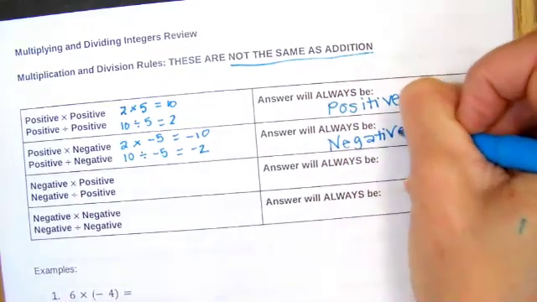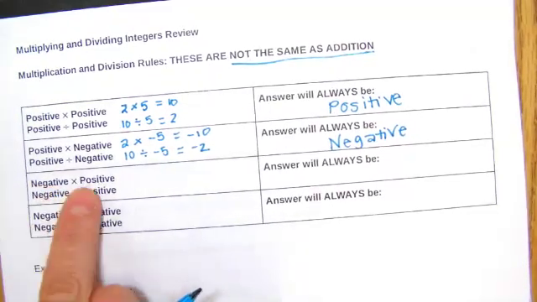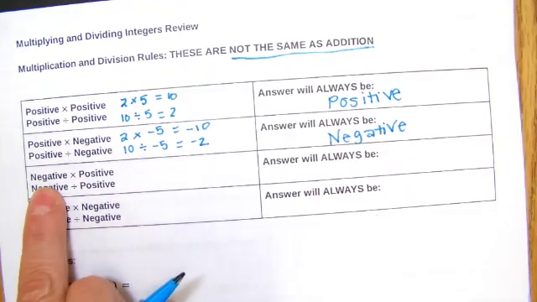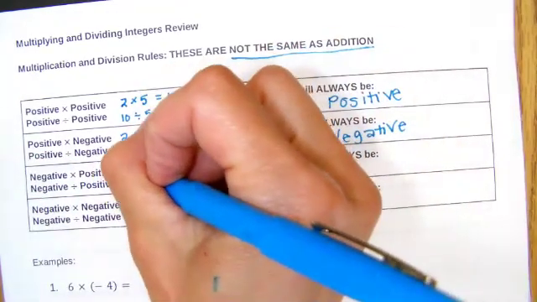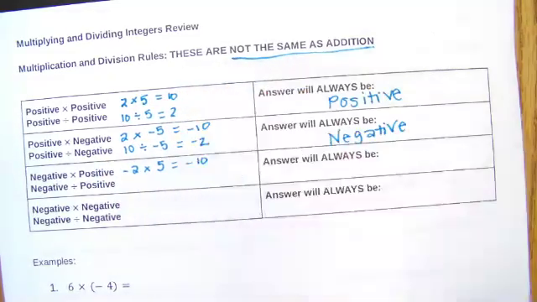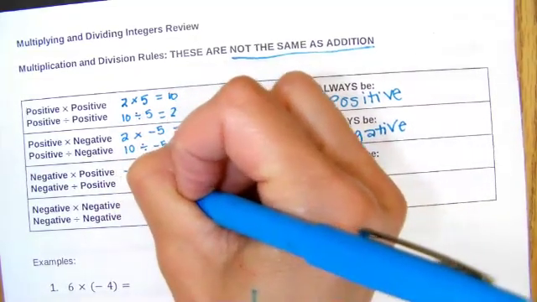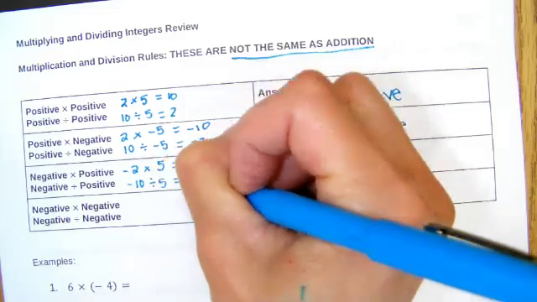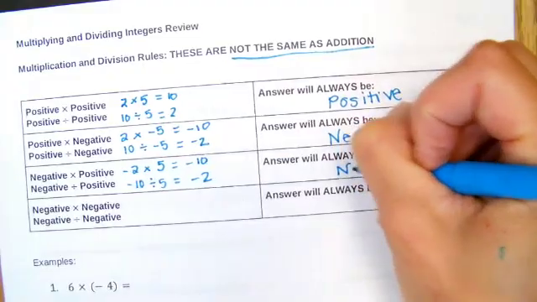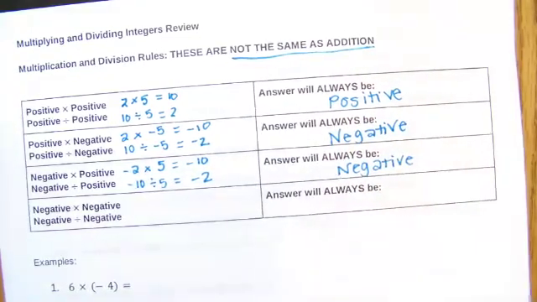The negative takes precedence. It doesn't matter if you switch the order. Negative 2 times positive 5 is still negative 10. Negative 10 divided by positive 5 is still negative 2. Negative takes precedence if there is a positive and a negative when we're multiplying or dividing.